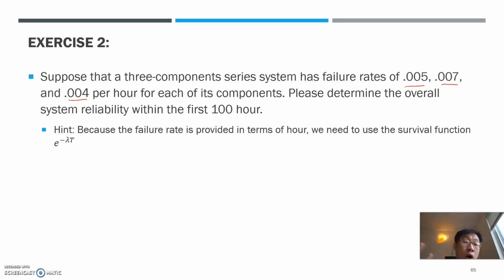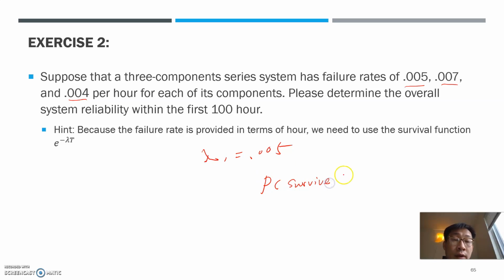Okay, so if you recall what we have done in Thursday's class, when you have the lambda provided, you can actually calculate the probability that it will survive beyond 100 hours in this case.